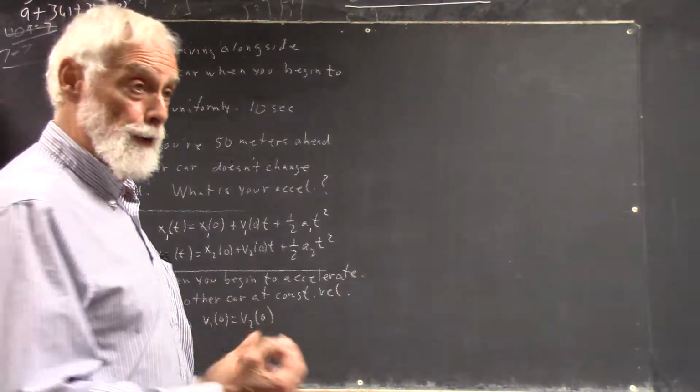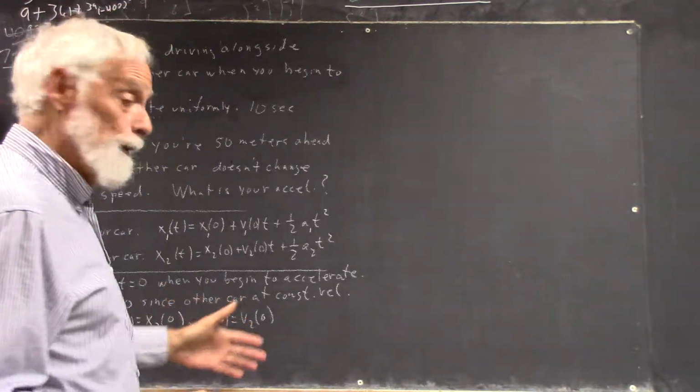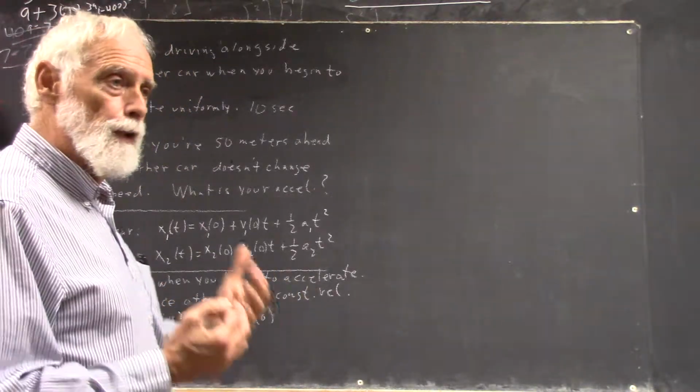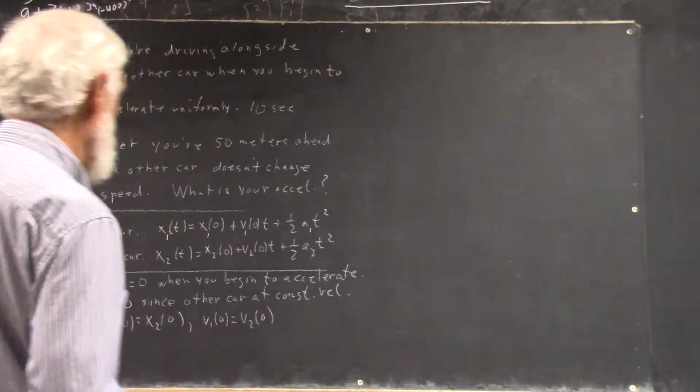You might be passing the other car, in which case your speeds would be different, but you're not passing the other car, you're driving alongside it. So, we have these two conditions.